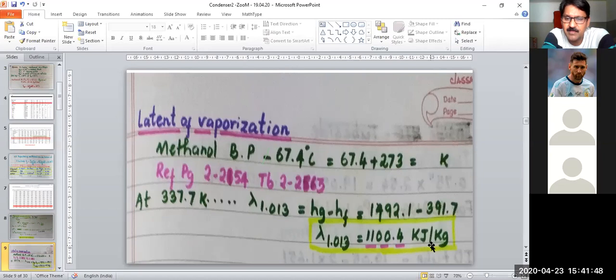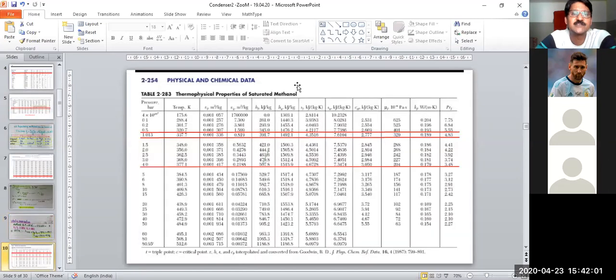You are getting lambda as 1100.4 kilojoules per kg. Shall we move to the next slide? Yes, sir. Okay, you can see it. This is page number 254. See here, the pressure is the same and the temperature is also the same. So refer to this column for the corresponding value of Hg minus Hf. So where is Hg? 1429. Can you see here?